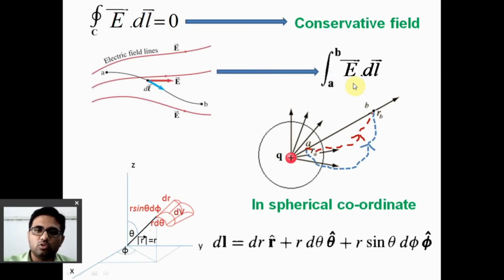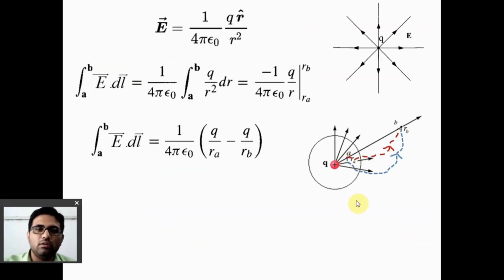Now if we do E dot dl, r cap dot r cap gives 1, so we get Er dr. All other components will be 0, because r cap dot theta cap is 0 and r cap dot phi cap is 0. So we are left with this form.